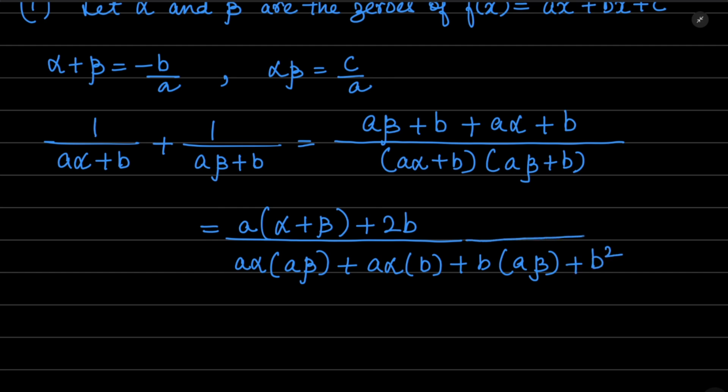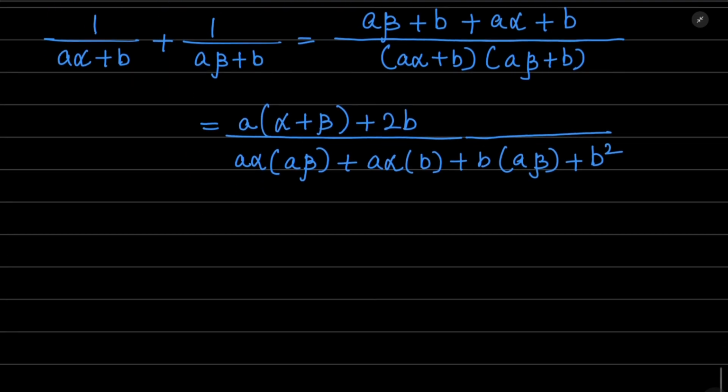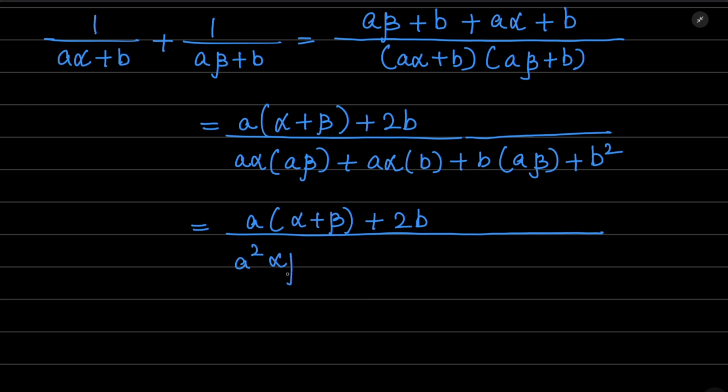Okay, so this is what you have multiplied your denominator term. So the numerator term remains as it is, a multiplied by alpha plus beta, because we know the sum of the zeros, plus 2b whole divided by, now let me multiply. So this will be a square alpha beta plus ab alpha plus ab beta plus b square.